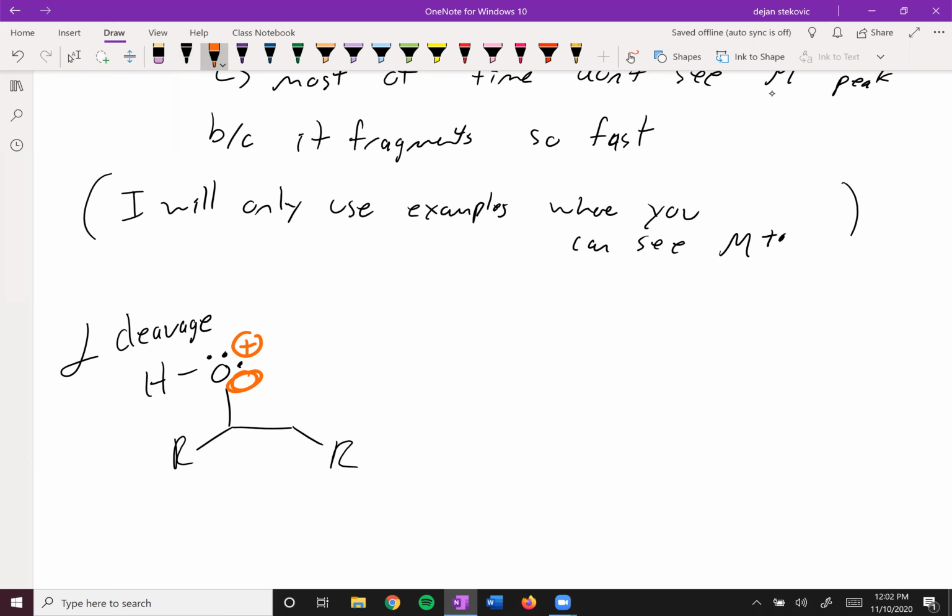You can tell we're missing one of our lone pairs. What happens during this fragmentation is a radical rearrangement that causes this bond to break. And if you think about your products formed, you'll get this protonated carbonyl looking thing, and then some kind of radical on this other side. For us, it's not that useful.